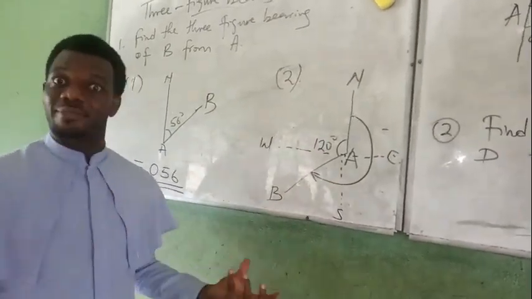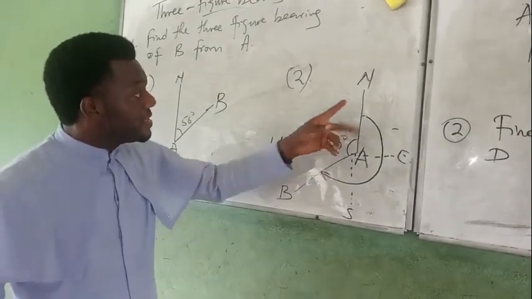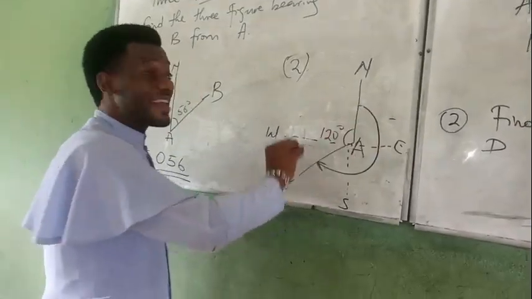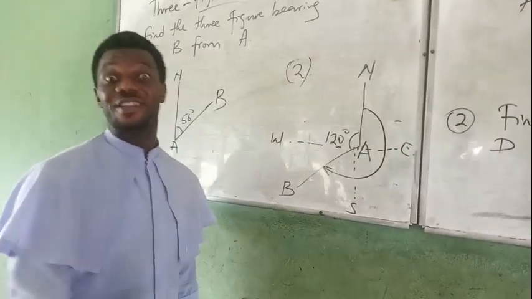So, as a student of mathematics, what you do is know that this thing makes a circle, and the circle is 360 degrees.